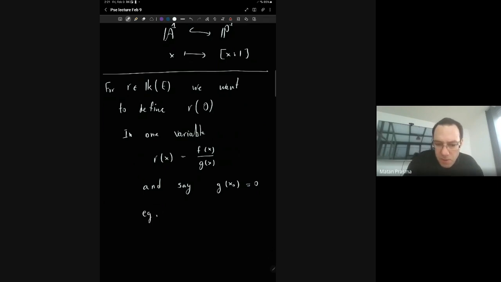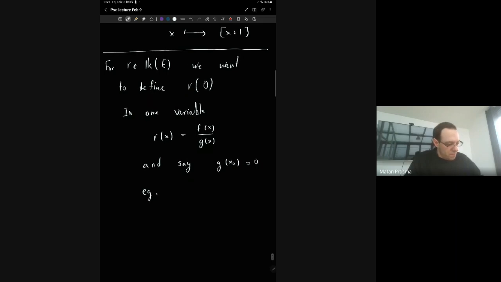I have some examples in the notes. R(x) is x over x squared plus 1.